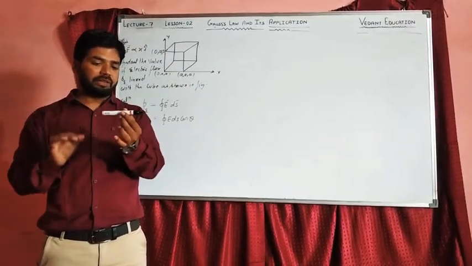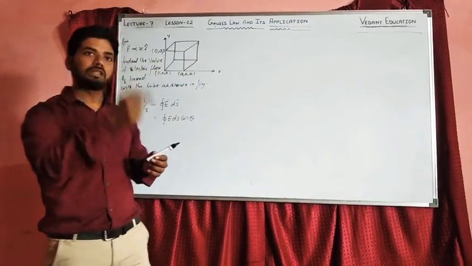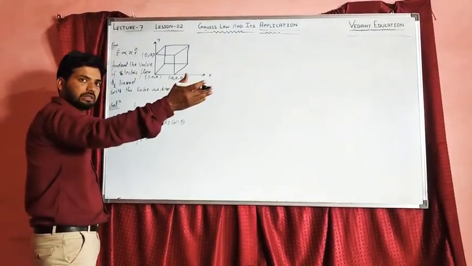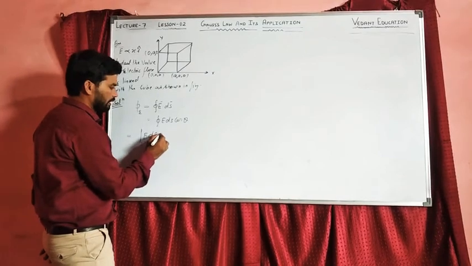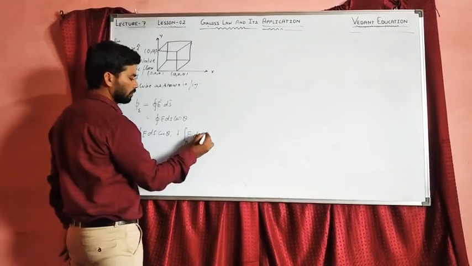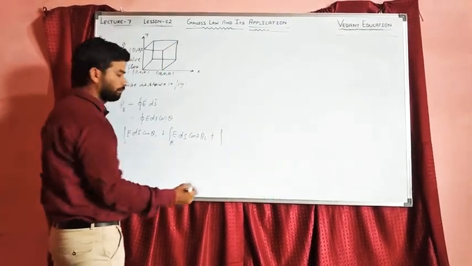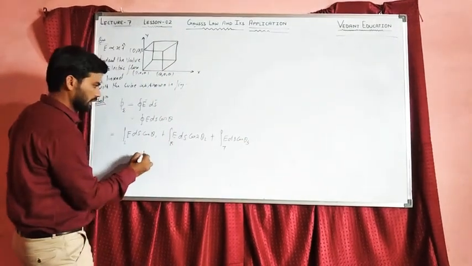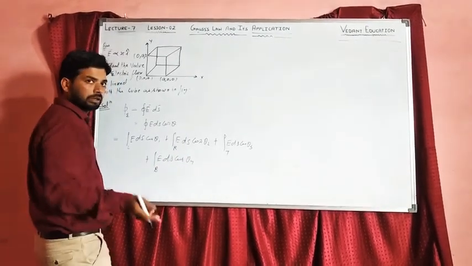Here, the direction of the electric field lines is along this one, right? So if we write the flux linked with all the surfaces, this integration can be written as: integral of E ds cos theta 1 for the left face, plus integral of E ds cos theta 2 for the right face, plus top and bottom: E ds cos theta 3 for the top plus E ds cos theta 4 for the bottom or ground.